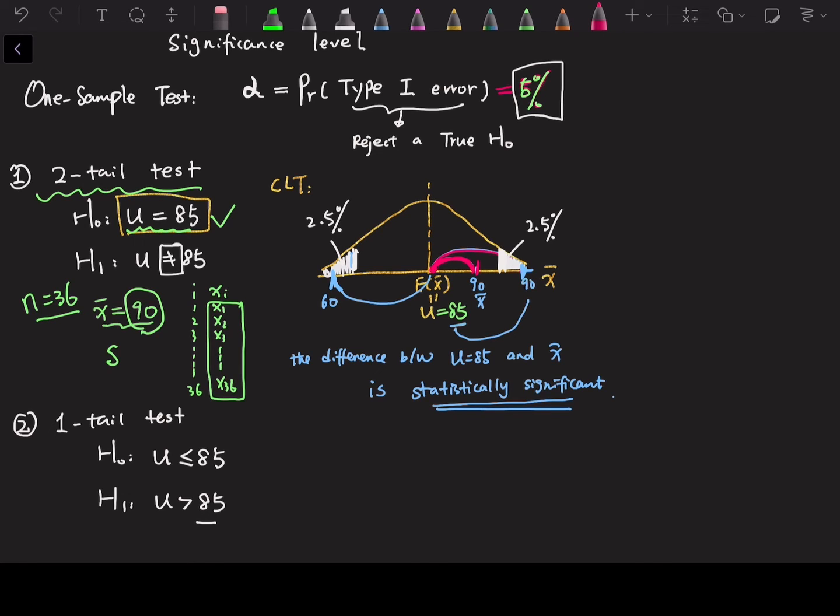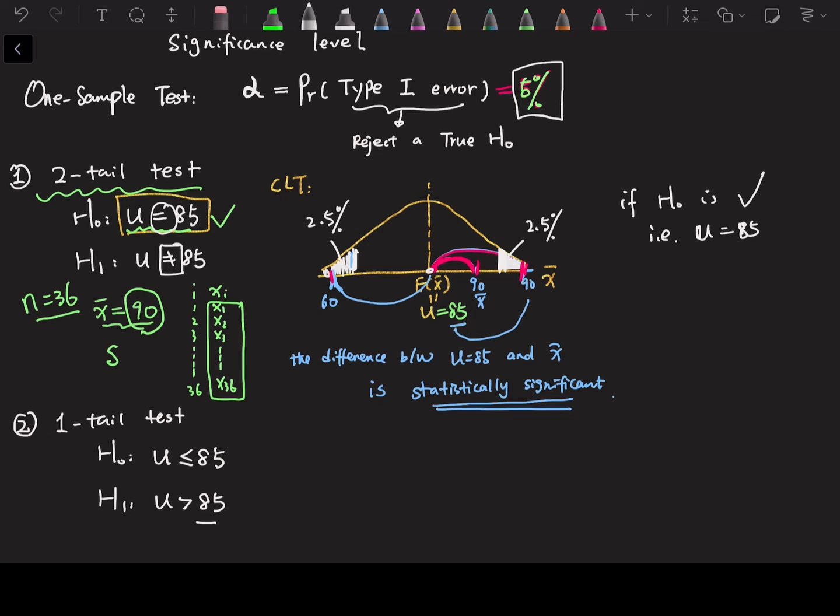So when the sample mean falls in this 5% area, we can make a conclusion. Let me write here: if the null hypothesis is true, i.e. the population mean is 85. We assume this is true. That's why we need an equal sign in the null hypothesis, because we need a value to plug into our formula, which I will show you later.